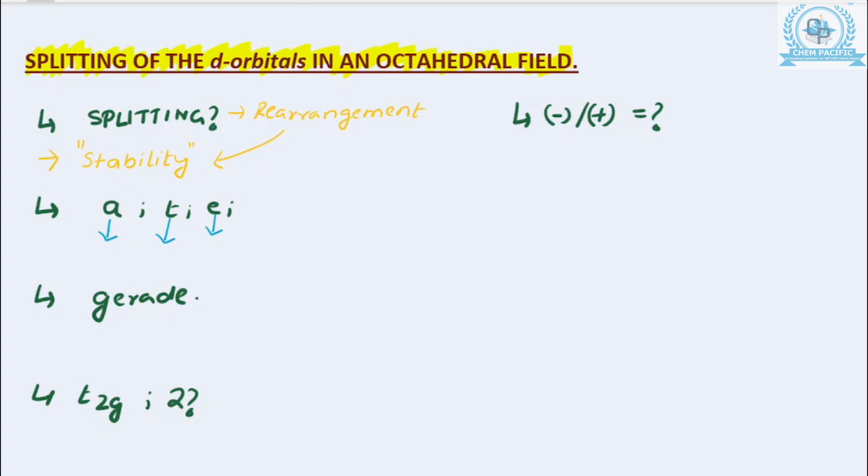Now this is Gerade. Now Gerade is mainly explained in 2 different ways. For example, if you are talking about the d orbital, this is your d orbital and the signs are plus, minus, plus, minus.